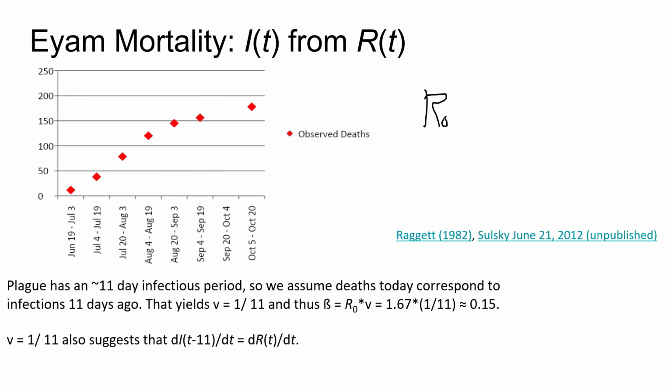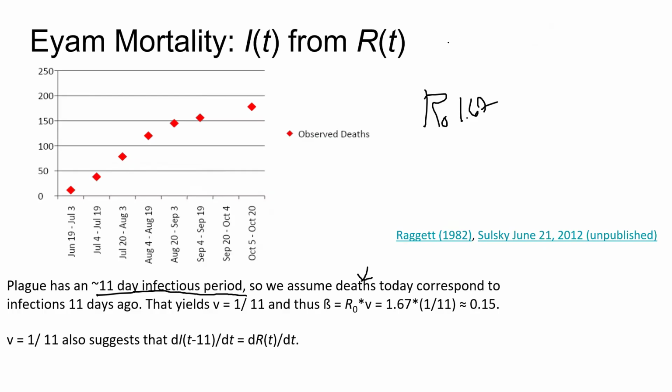We have our R naught of 1.67, and when people have gone back and looked at cases of plague without intervention, plague has about an 11-day infectious period. This is because death occurs at day 11 for people who typically die of plague.